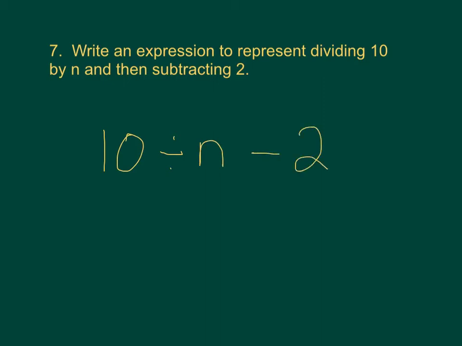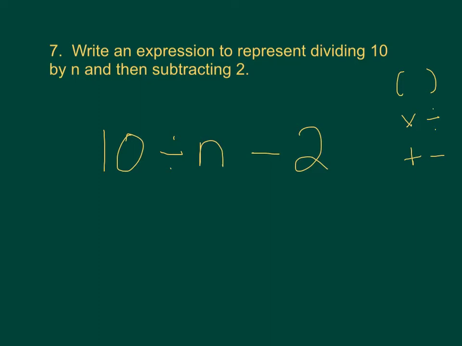Now here's the tricky thing. When we think about order of operations, we know that we have to deal with parentheses, brackets, and braces, and we aren't dealing with exponents right now. So then we know the next thing we would do would be to look at any multiplication and or division from left to right, and then any addition and subtraction from left to right.